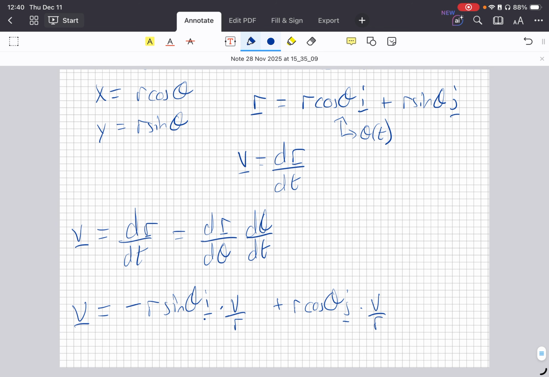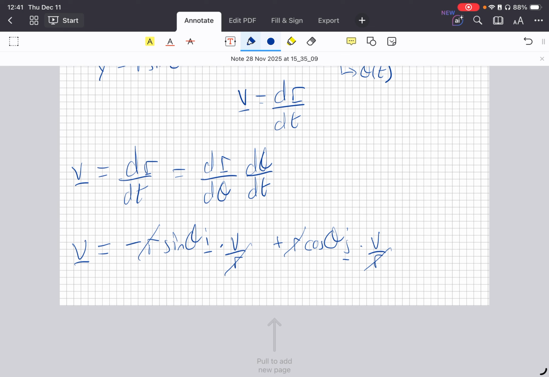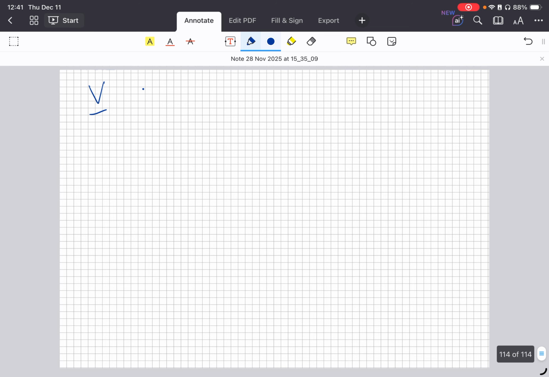Okay, and then we can cancel out the r's here and here, and we get that the velocity vector is the speed, the magnitude of v, multiplied by minus sine theta i, and in this term multiplied by cosine theta j. So v, our velocity vector, is minus v sine theta i plus v cosine theta j.